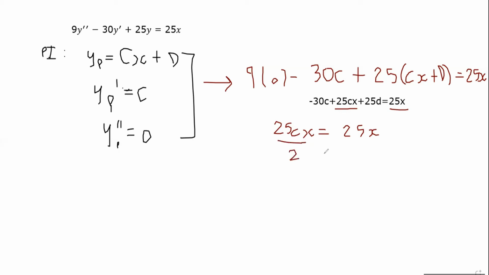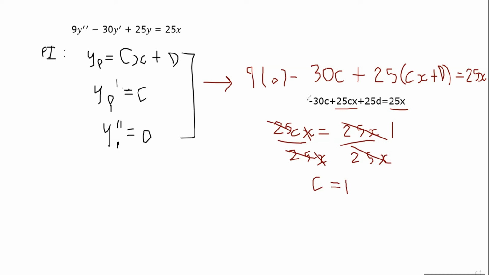The x cancels and the 25 cancels, so we end up with c equal to 1.